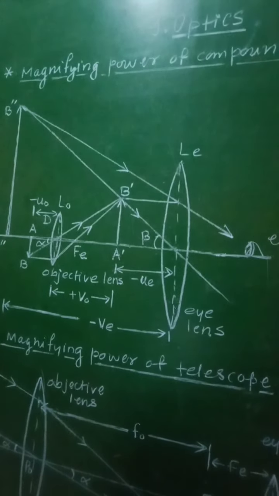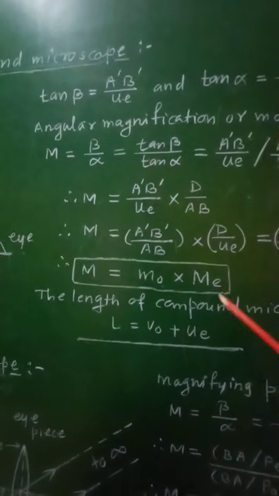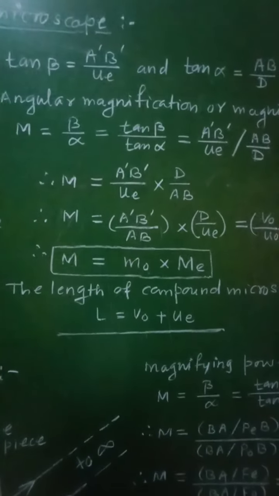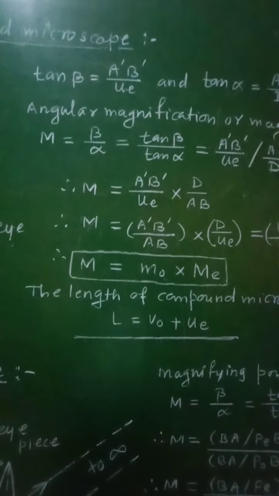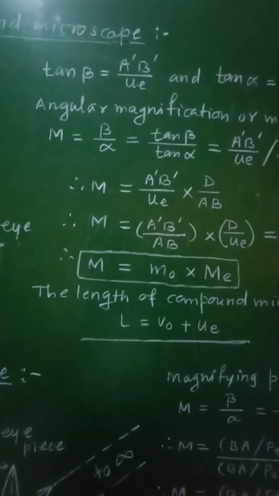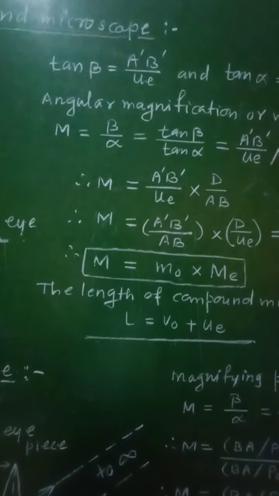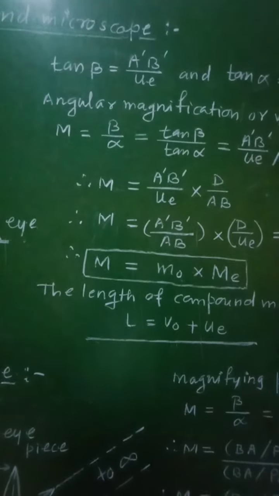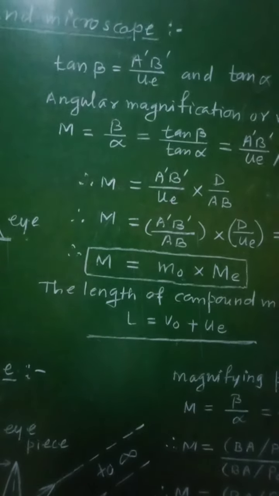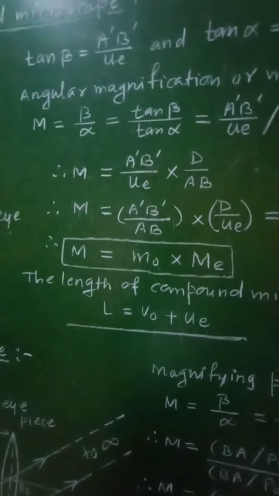Second thing is the minimum value of ME, that is the angular magnification of the eye lens, is D upon FE for final image at infinity, and the maximum value is 1 plus D by FE for final image at D. So already we have studied the magnification of the simple microscope.